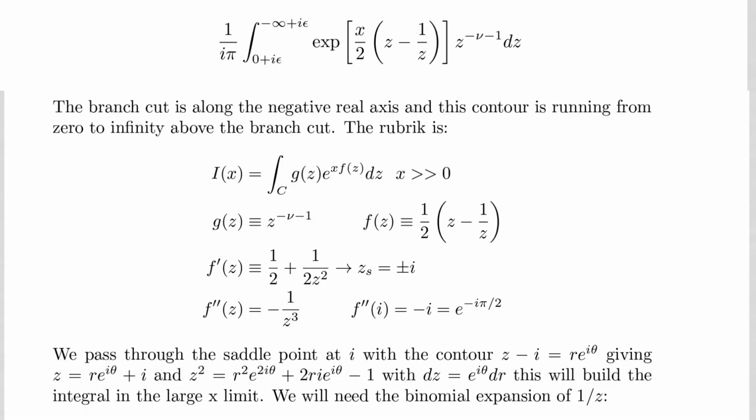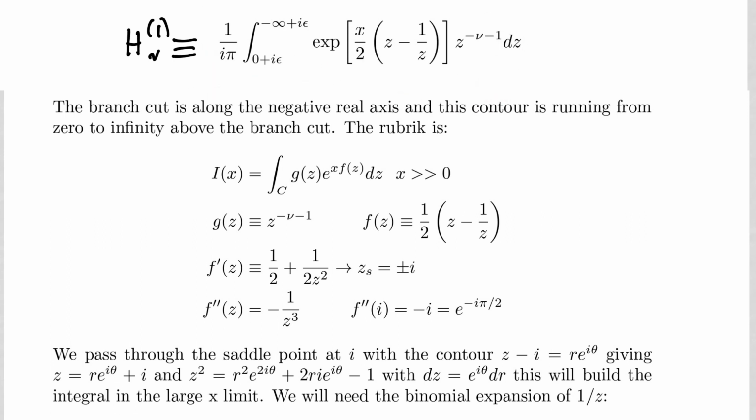So the first thing we're going to do is make sure that our Hankel function, which is defined through this contour integral, matches our criteria, and set up a one-to-one correspondence between the criteria for the method of steepest descents and the form of this Hankel function.